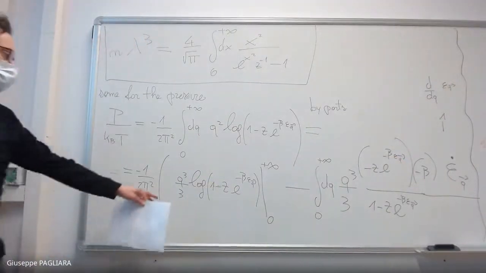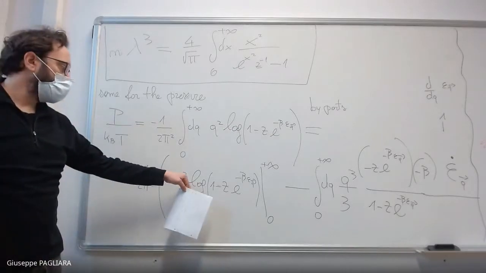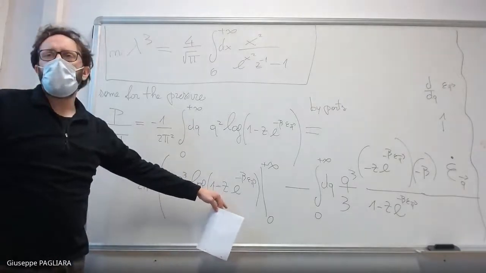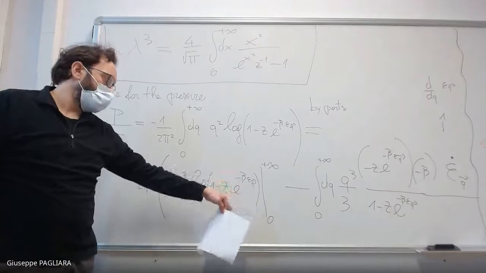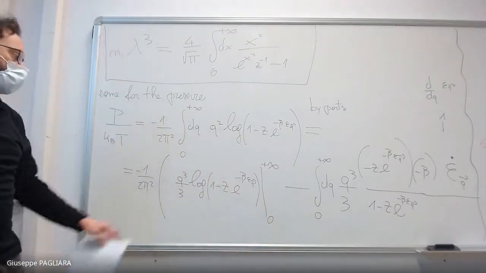Now this boundary term drops, because in the limit in which q approaches 0, I have a q to the power of 3. Here I have the log, but this is finite because z is not close to 1, so this goes to 0.